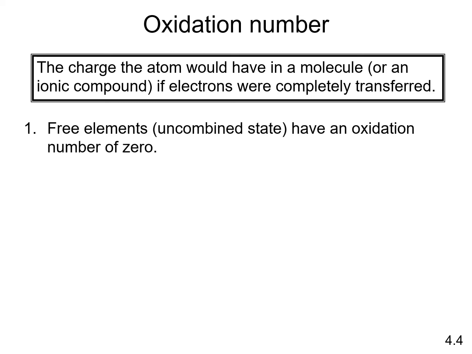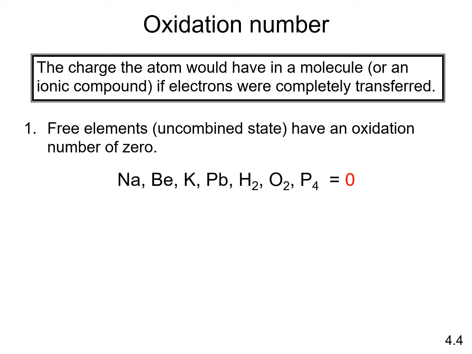So number one, free elements or atoms in their natural form or atoms in uncombined state have an oxidation number of 0. So for example, the solid metals, sodium, beryllium, so metals in their solid form, meaning uncombined state, free elements, okay?